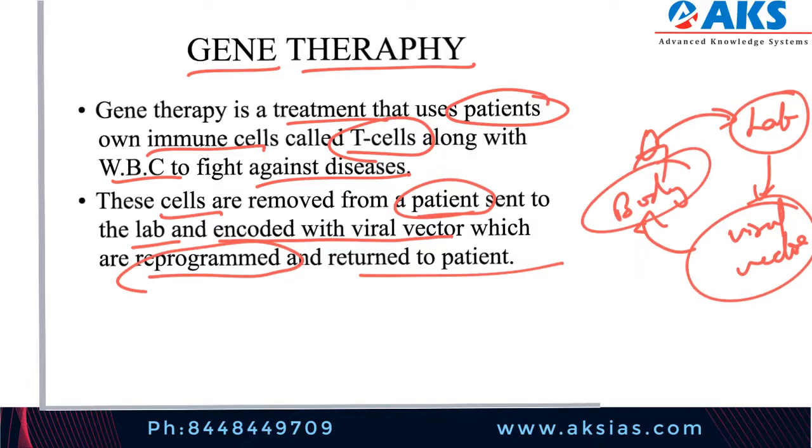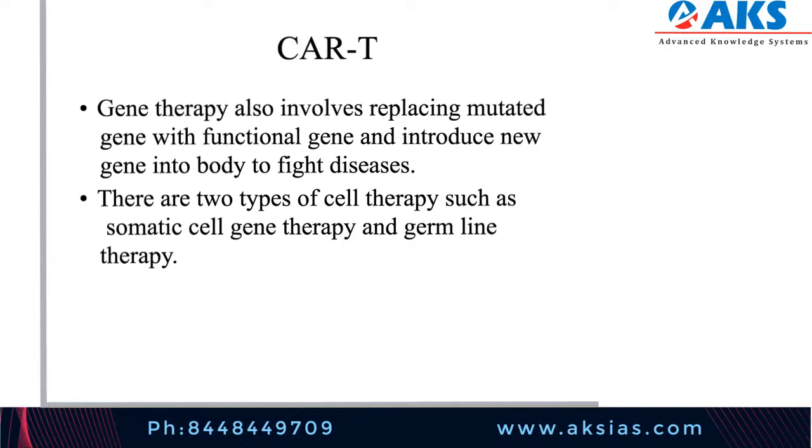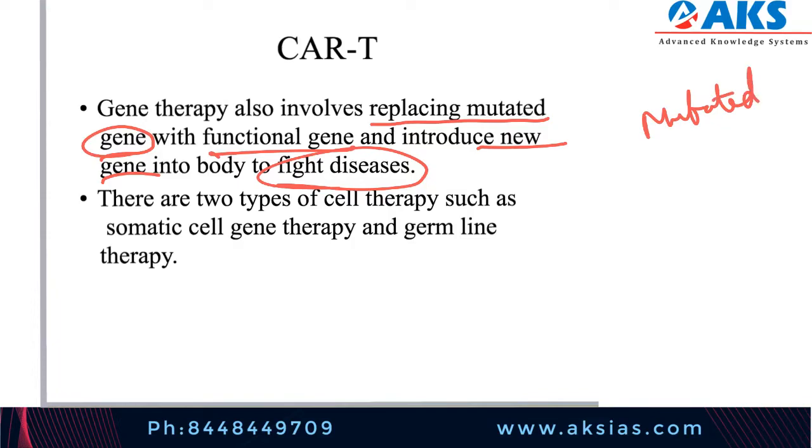This is gene therapy. It also involves replacing a mutated gene with a functional gene and introducing a new gene into the body to fight diseases. For example, a cancer cell has a mutated gene.